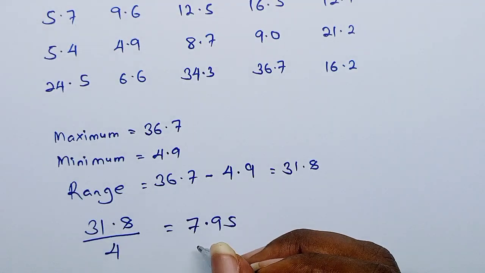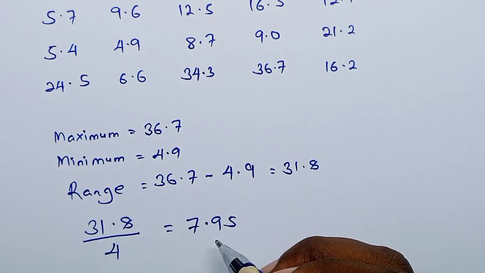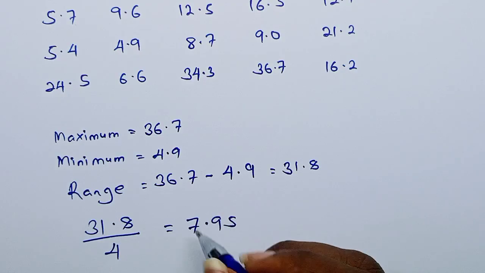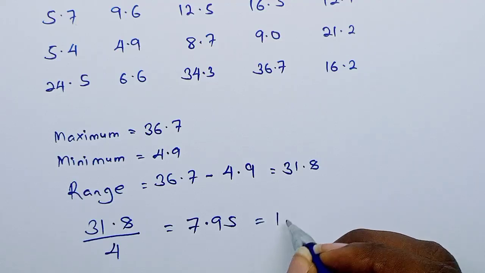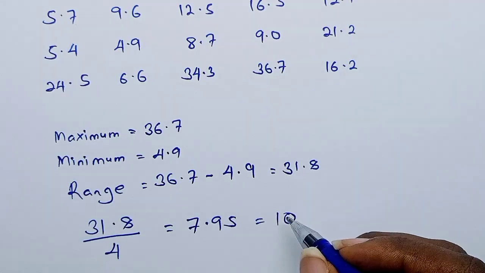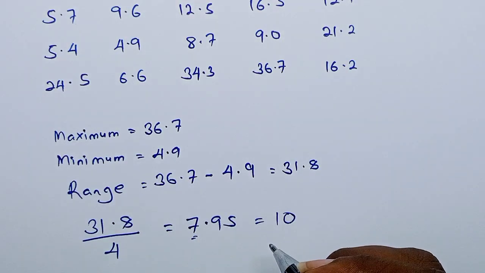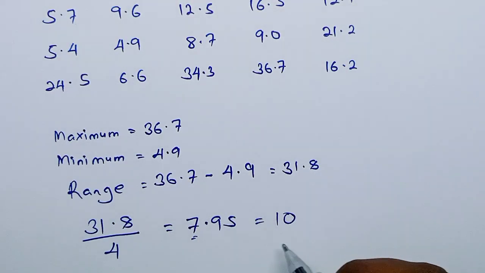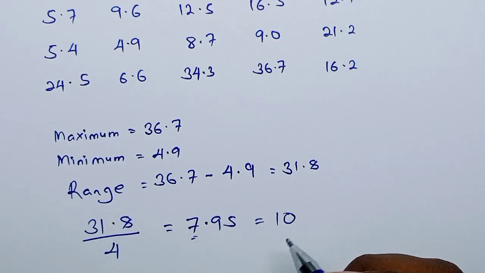This is the width of each group, but we can't leave it like this. We need to round it up. You always have to round up. So when you round this up, you get 10, because 7 is closest to 10. This is our group width. This tells us that each group will have 10 values in it.